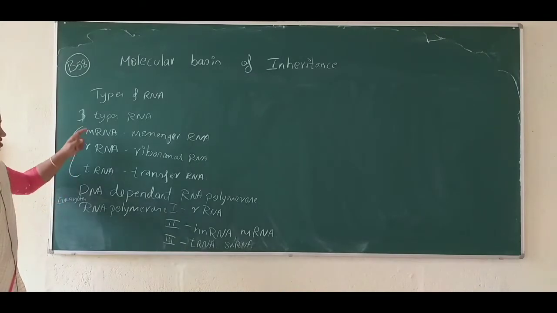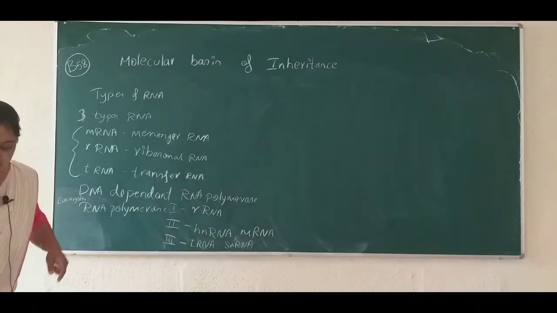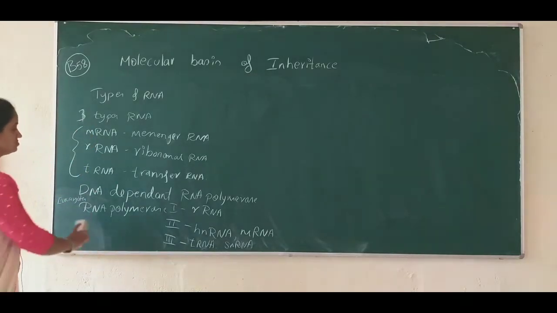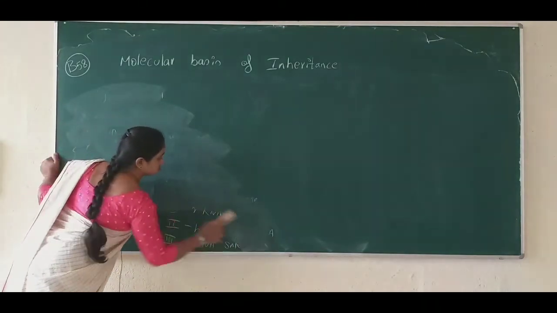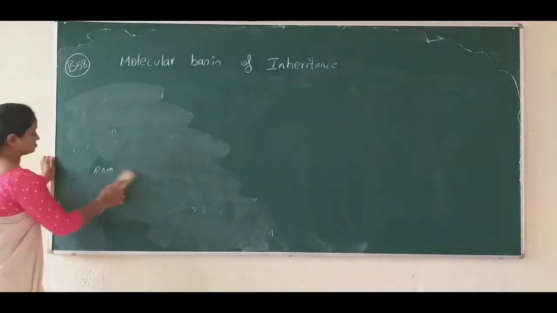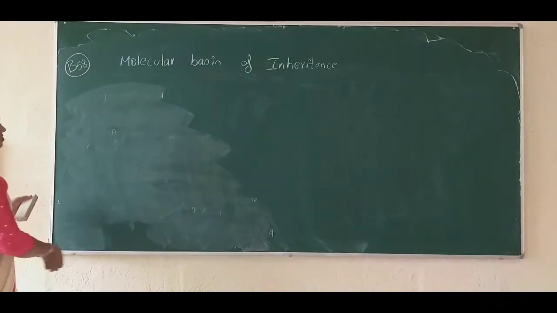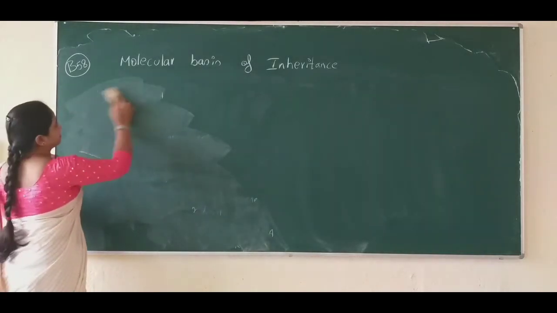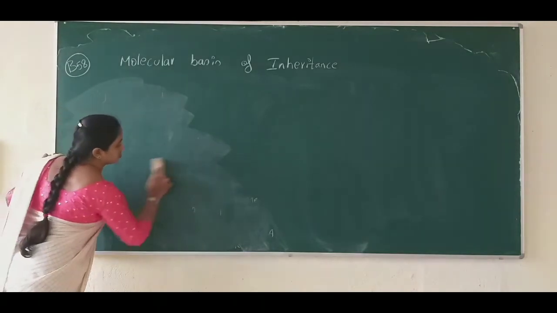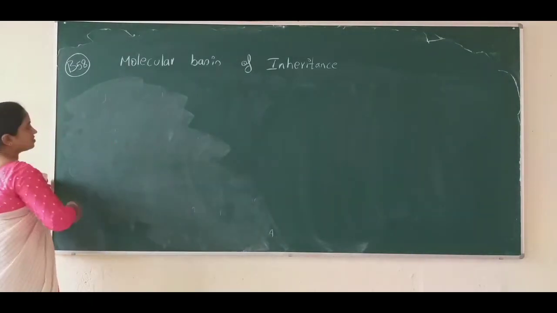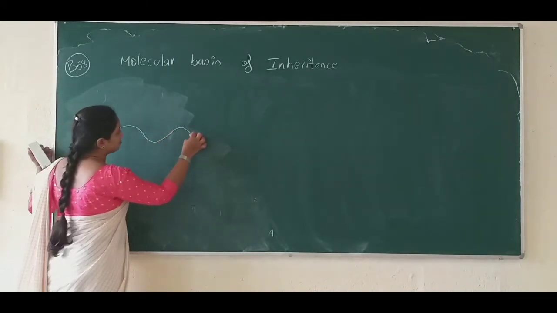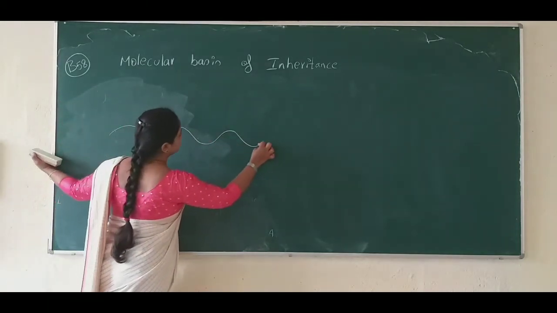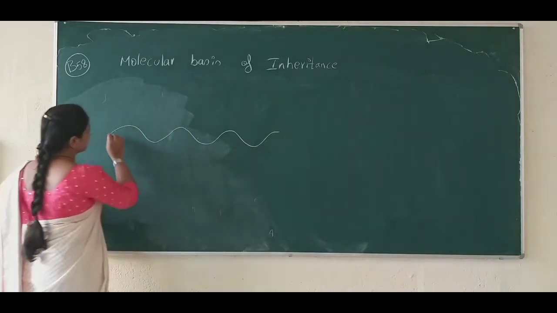Okay, now I am going to draw the structure. The first thing given in the NCERT book is a double helical model of DNA like this.